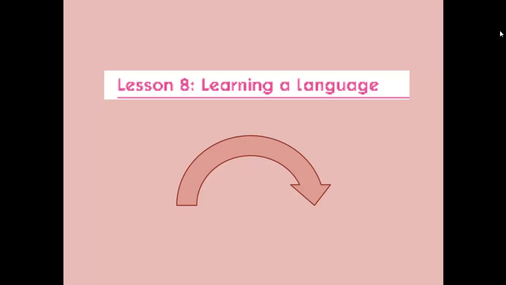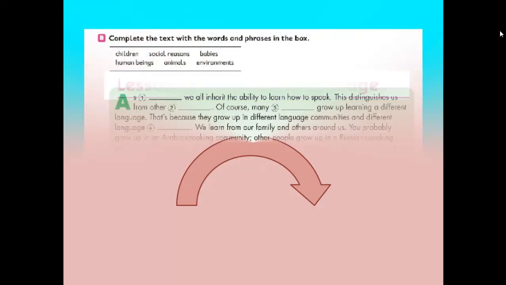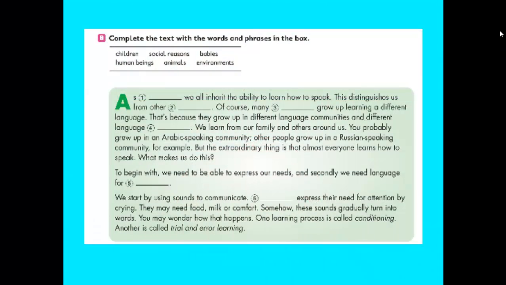This lesson will be specified for the literary students. Let's do the tasks required from us, my students. Practice number B in page number 97 in our course book says, complete the text with the words and phrases in the box.